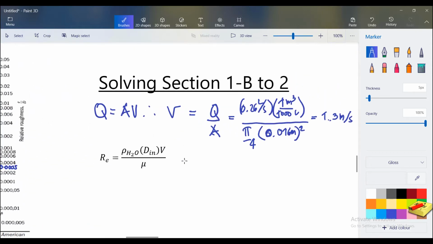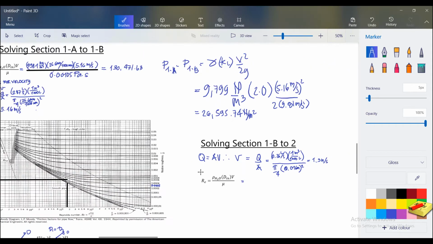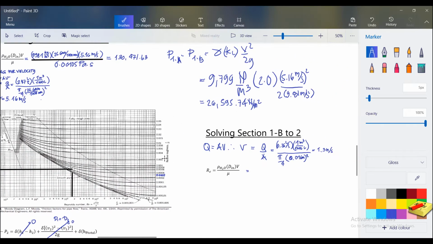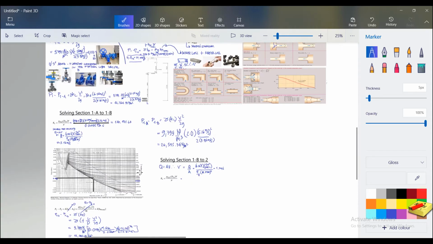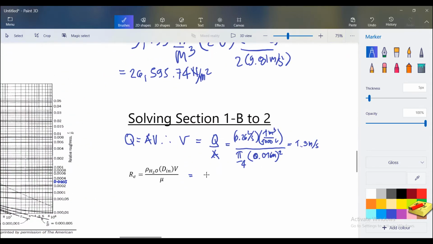So computing the Reynolds number, so we have your density, which is density of H2O is 9,799.3. So this will be kilogram per cubic meter.